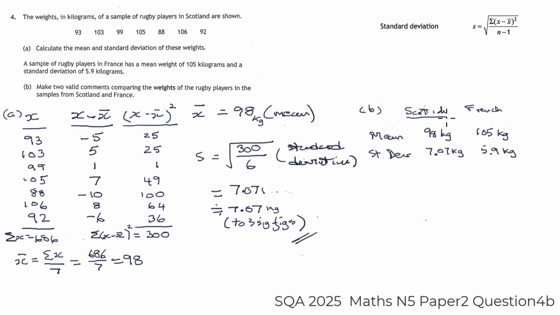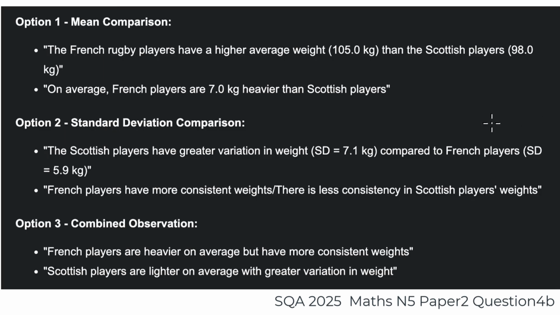Now, how do we compare these? How do we write statements? Well, let's have a look at what we might say. I've basically got three alternatives here. So the first option here, where we're saying the means, we can say that the French rugby players have a higher average weight, that's 105 kilograms, than the Scottish players, which is only 98 kilograms.